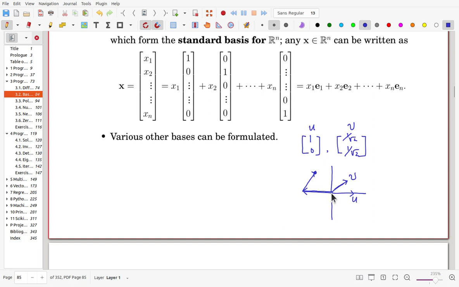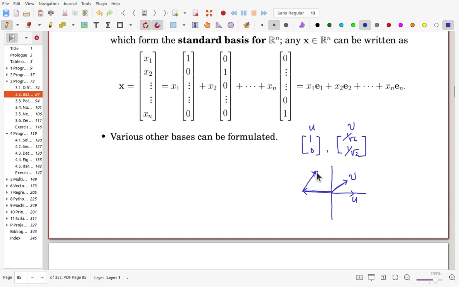A multiple of u, of course with a negative coefficient, will reach over there, and a multiple of v, parallel to v, will make that vector, so this combination will make that point.